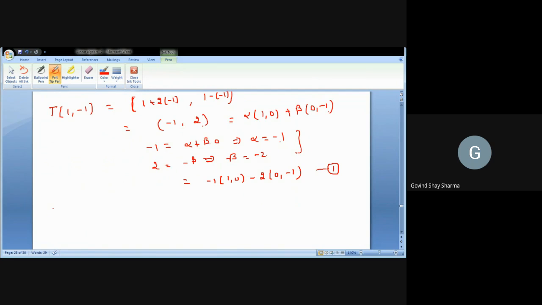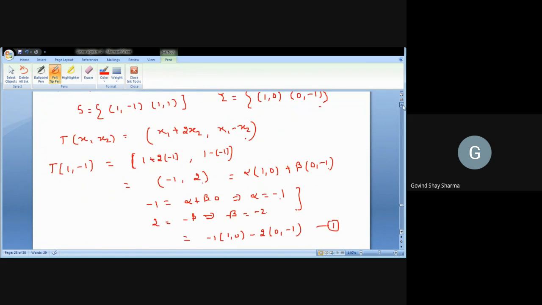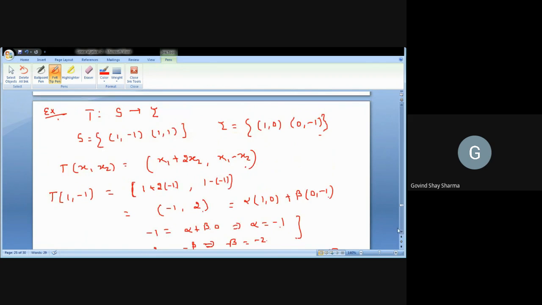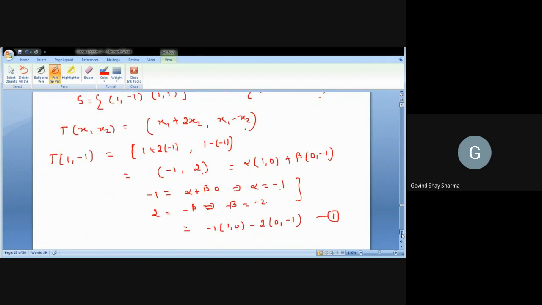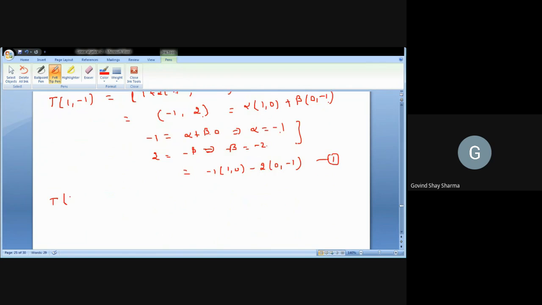Same T for the second vector: (x1 + 2x2, x1 - x2). So this becomes 3.